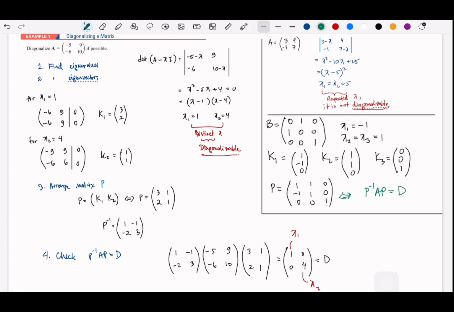And of course, at the end, how we get this K2 and K3 is we need to make sure that all of these eigenvectors are linearly independent.